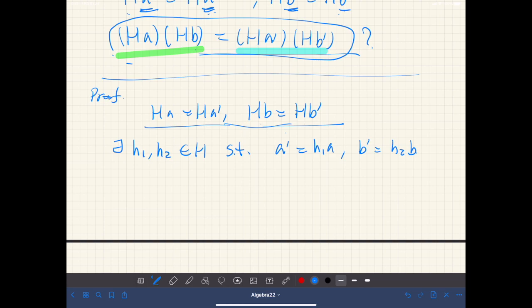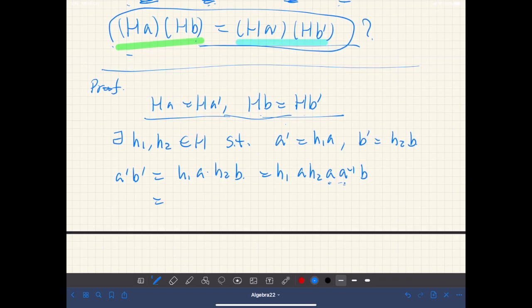So A prime B prime is equal to H1A times H2B, and between H1A and H2 we insert A inverse. So we multiply A and multiply A inverse. This doesn't change anything because it's the identity element.